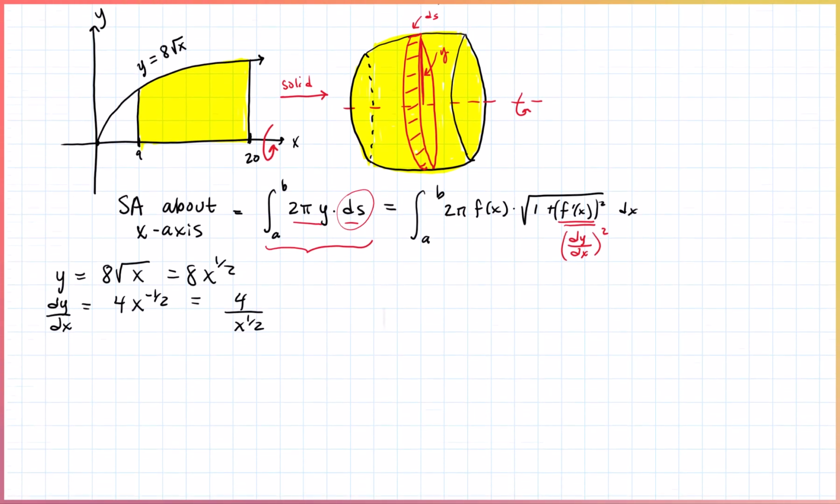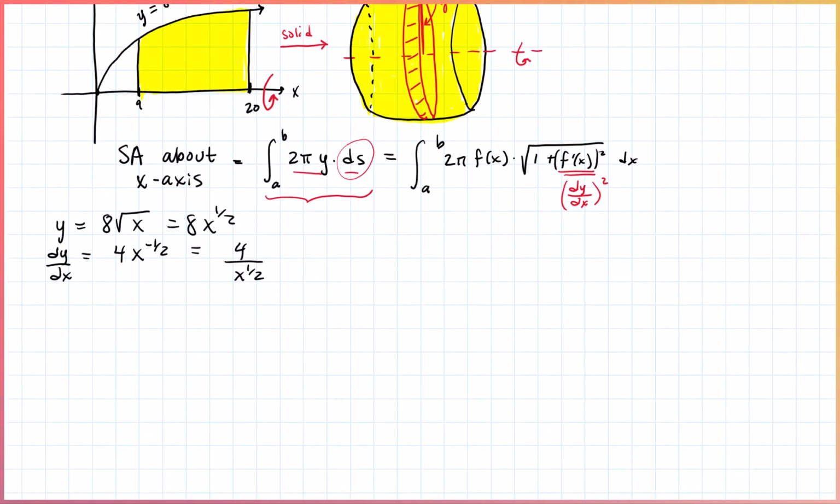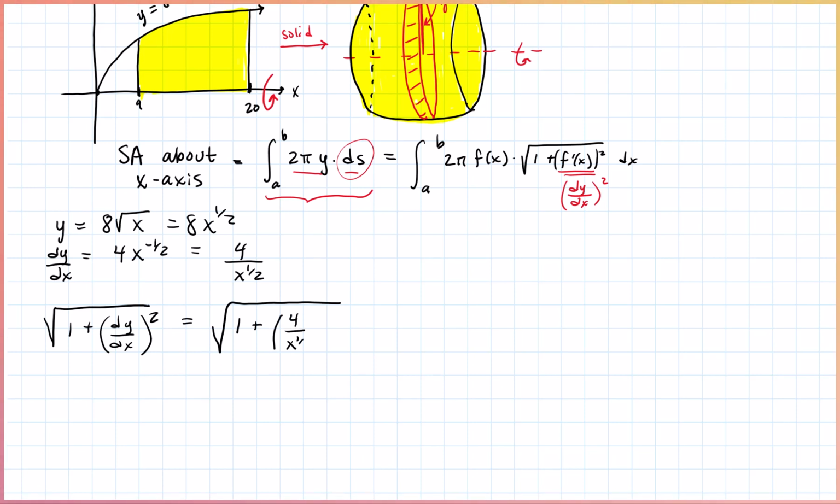And then I'm going to go ahead and take the square root of 1 plus dy dx squared, the derivative squared. You could write f prime of x there too, but I was calling it y since that's how it was defined and using Leibniz notation. We're going to take 1 plus 4 over x to the 1/2, and we're going to square it.